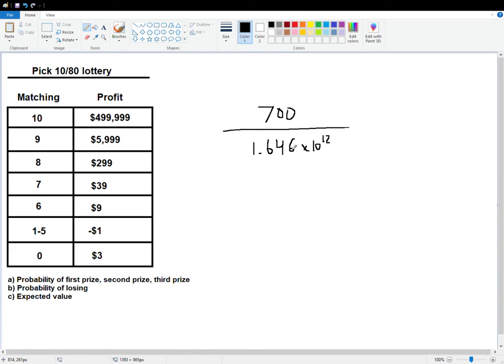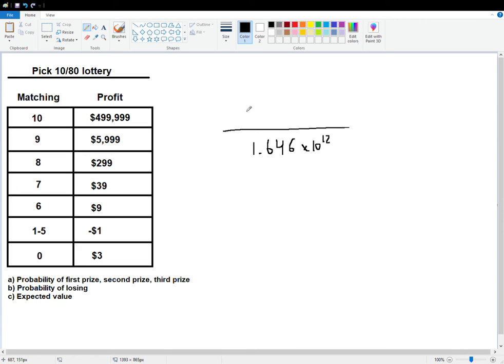The reason I am not multiplying the bottom part out and then simplifying this fraction is because this is a very large number, so we would get a super small probability, and it's just a pain to write all those numbers out. Plus, it'll be more uniform this way. So let's do the third prize, which is 8 matching numbers.